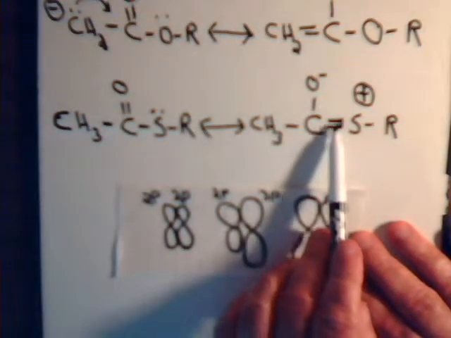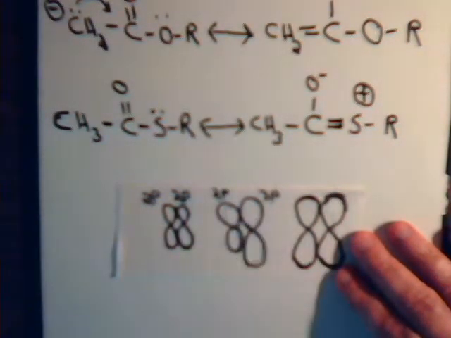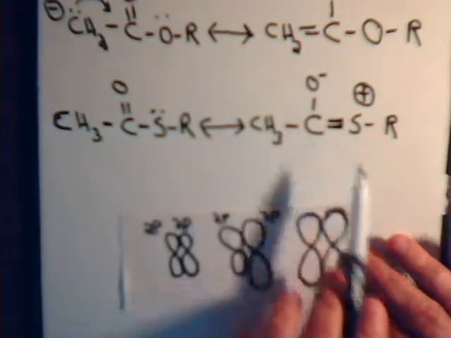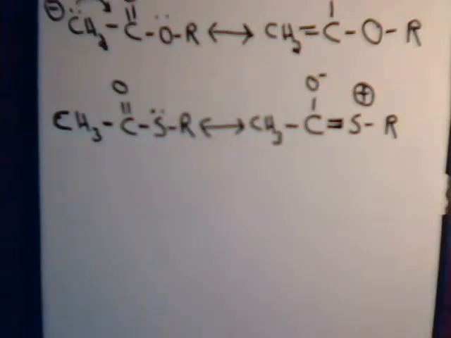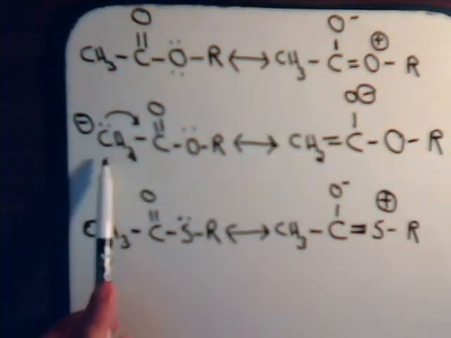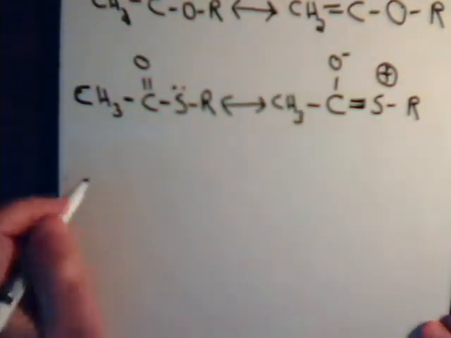So when we're trying to form this pi bond, you've got the mismatch of the pi orbitals. So this is very ineffective. So this does not happen as well in the thiol ester as it does in our normal oxygen-based ester. Now what about here with this carbon? Can this be acidic?